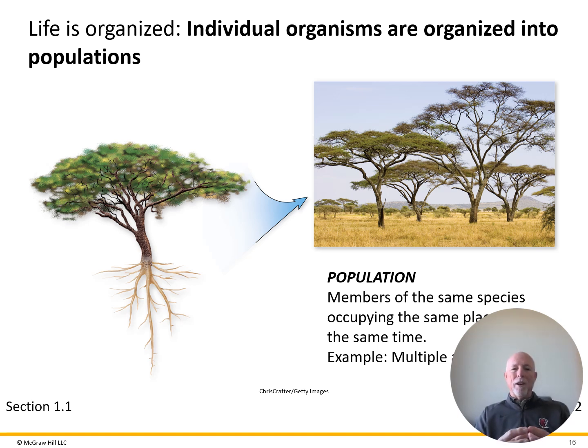So a population is a group of organisms of the same species that occupies a certain area. So this is the ecological levels of organization.